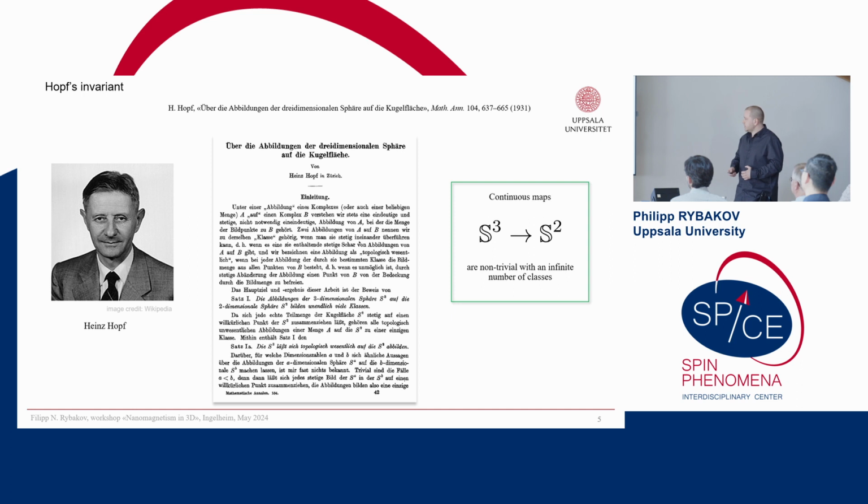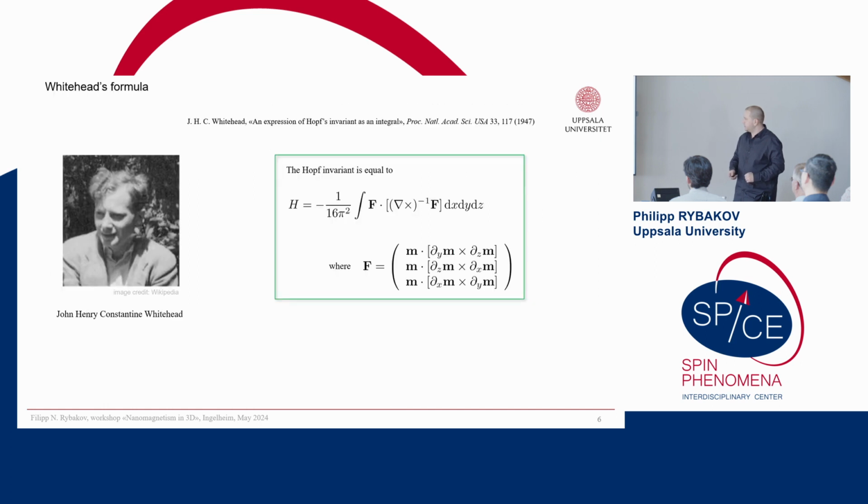It is not everything he did. The third homotopy group was finally proven to have no other invariants a bit later after Hopf. So different people contributed to it, but his input, of course, is the major one.